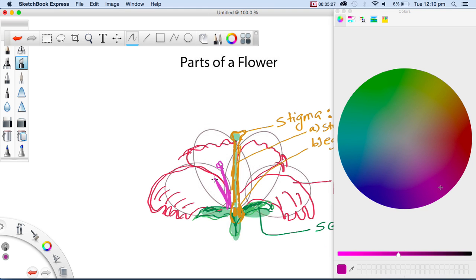Make it a bit darker. So each of these stamen is made up of two parts, the pollen and the filament. So the filament is the bottom part.